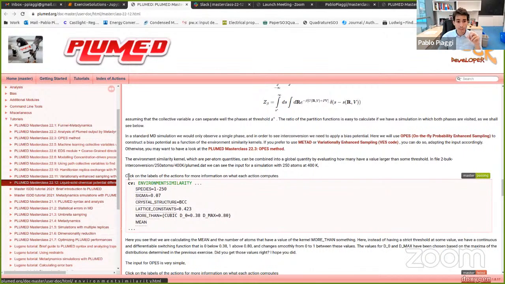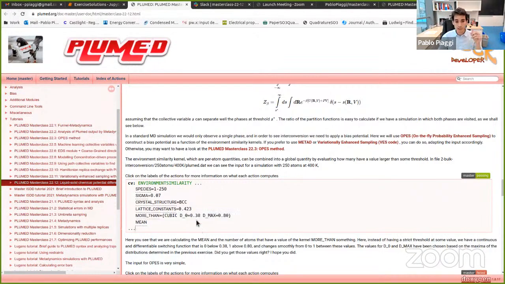So we define the collective variable as before using the sigma value that we determined before. And now, since this is a per-atom quantity, we will define some global variables. One is the mean of the kernels, and the other one is the more-than that you're seeing here. And that means that we're counting how many molecules or atoms have a value of the kernel larger than something. Here we have to choose some switching function.